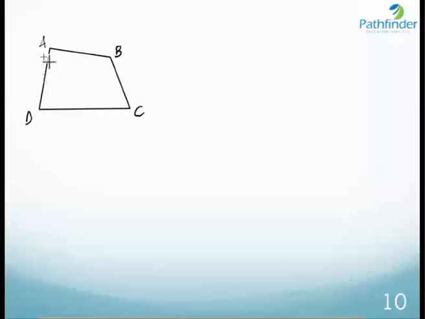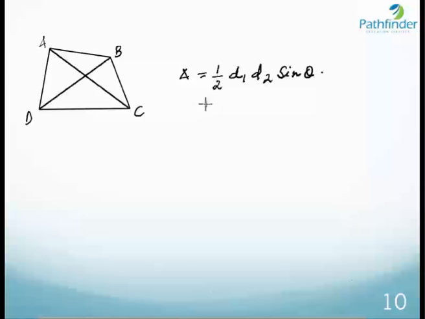Say, if we have a quadrilateral ABCD, how do you calculate the formula for area of this quadrilateral? I do not expect any question on this particular formula, but if you are given a general quadrilateral, the area can be calculated by the formula: area is equal to half into d1 into d2 into sine theta, where d1 and d2 are diagonals and theta is the angle between the two diagonals.